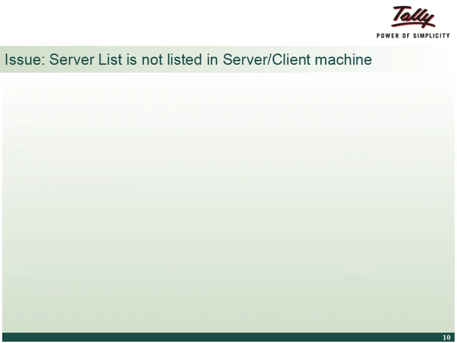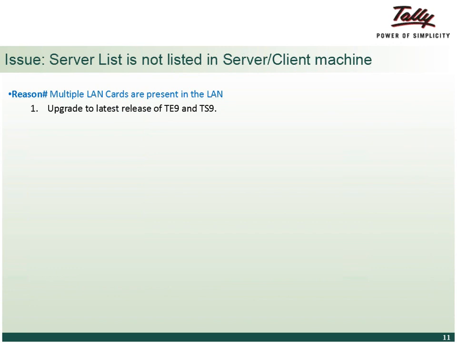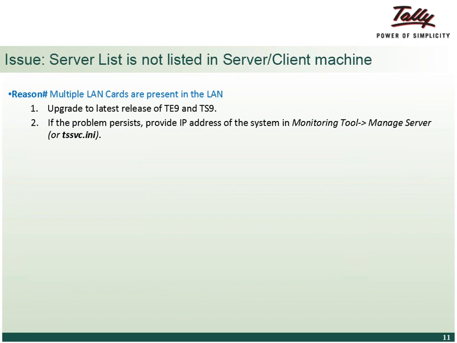The next reason might be multiple LAN cards are present in the LAN. We have already come across how exactly we can check the multiple LAN cards that are present in the LAN network. If this particular thing has been enabled, what we suggest is upgrade to the latest release of Tally ERP9 and Tally Server 9.